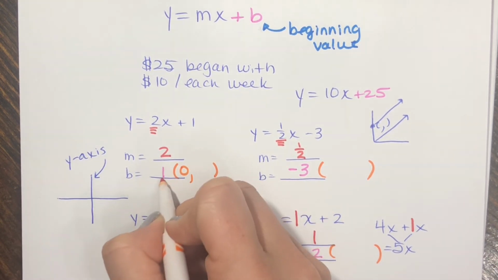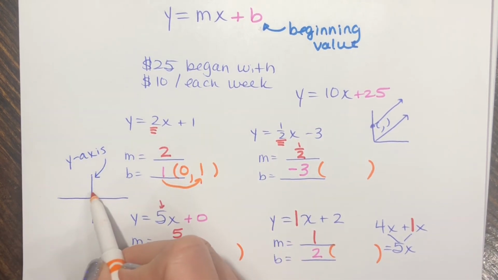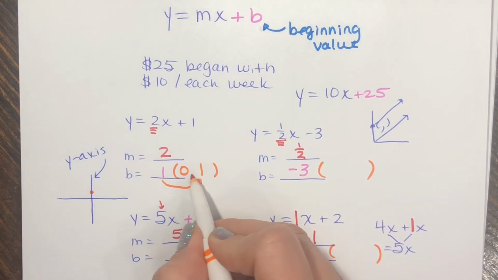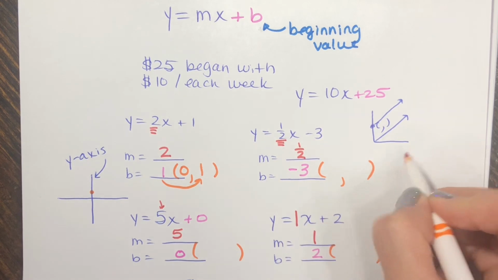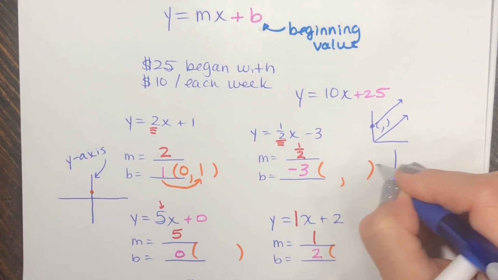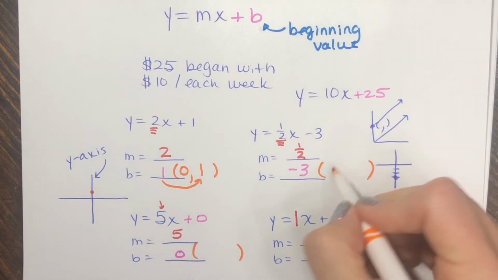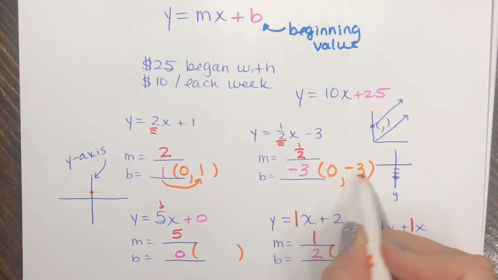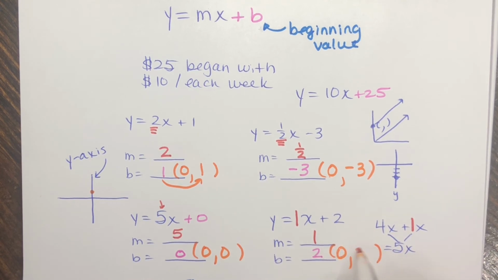And so I'm going to take this 1 and put it here, because another way to say start at 1 on the y-axis is to say start at 0, 1, which this then would mean if I'm going to start at -3 on the y-axis, that means don't move left or right, but move down 3 and start at 0, -3. This one's easy because they're both 0. And this one means 0, 2.